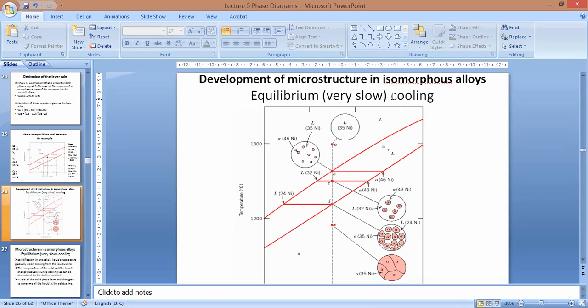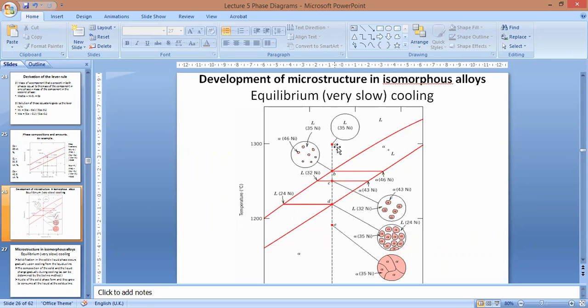Like I said, in industry, we don't do equilibrium because it takes an awfully long time. No one has the time to wait for days just for a simple metal. But we still look at it because it gives a more defined microstructure development, unlike in very fast cooling or dynamic equilibrium cooling.